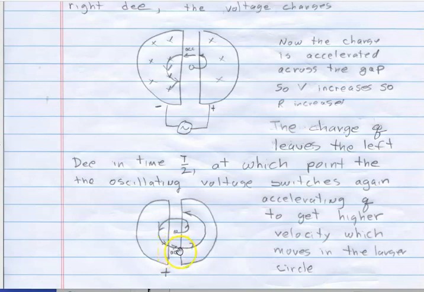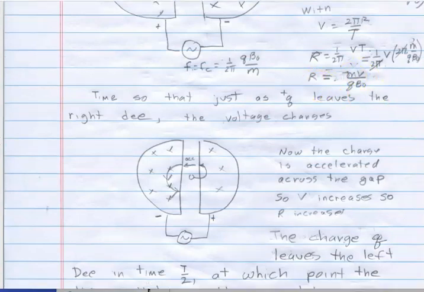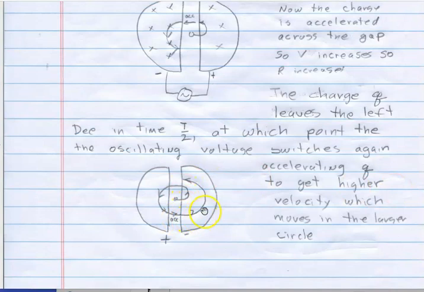So its velocity increases. It's going a little bit faster on this side. And I know again, the faster it goes, the higher the speed is, the bigger the radius. And so the radius increases. And once it gets here, you might imagine it switches back, and then it keeps switching. And it does that a bunch of times, many more than I'm really drawing here.